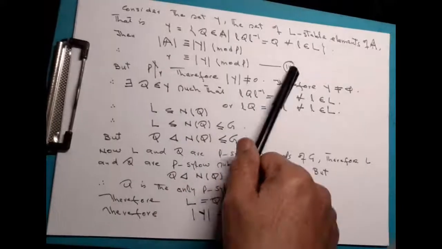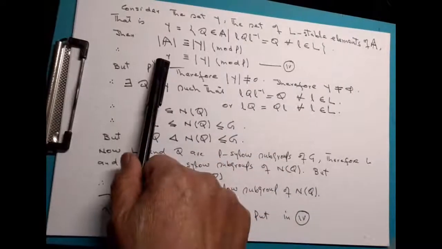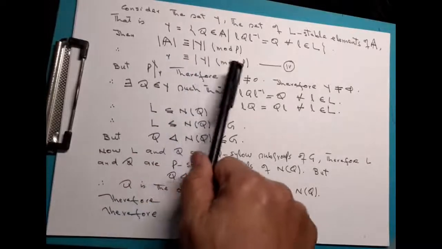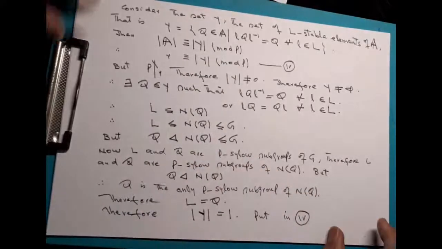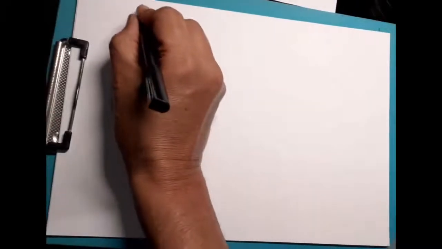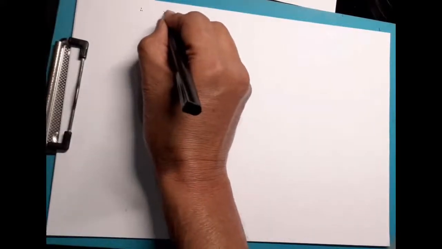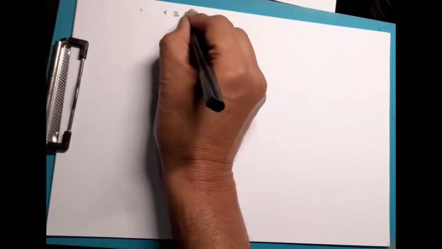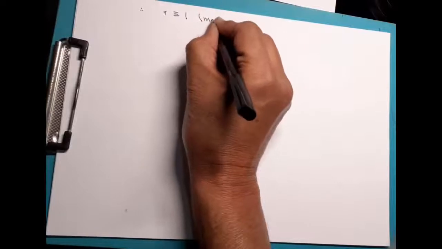Therefore 4 will become R is congruent with 1 mod P.